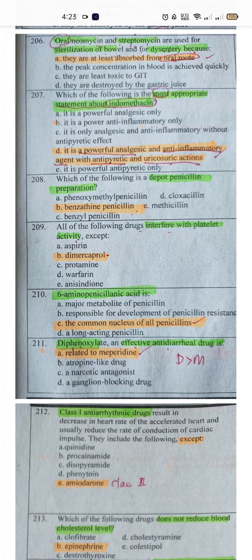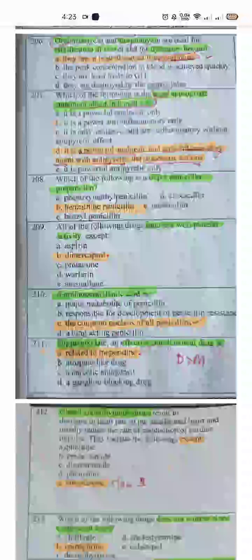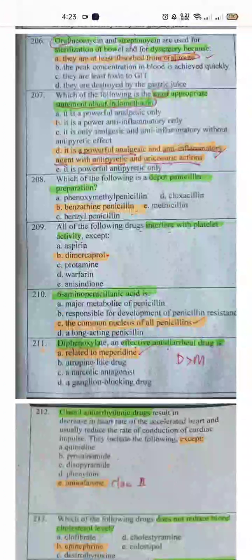209. All of the following drugs interfere with platelet activity except your dimercaprol. Dimercaprol is also known as British anti-lewisite or BAL. It is effective topically and systemically as an antidote for poisoning caused by arsenic, antimony, mercury, gold, and lead.